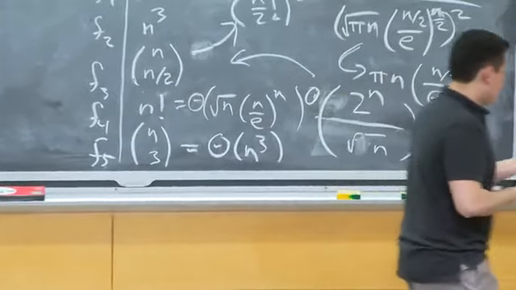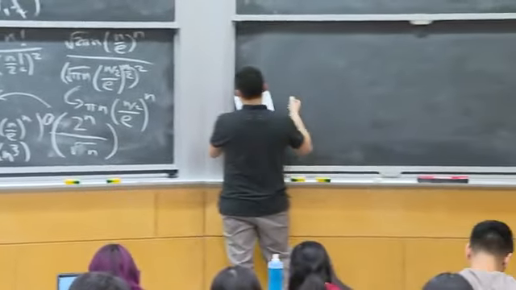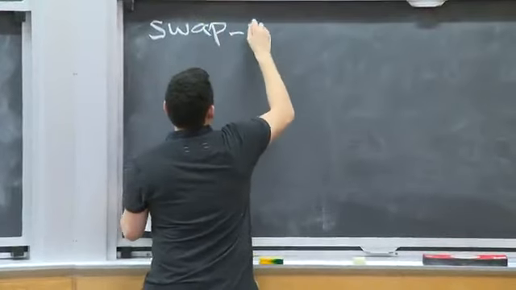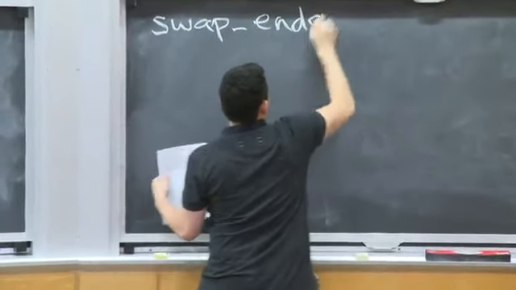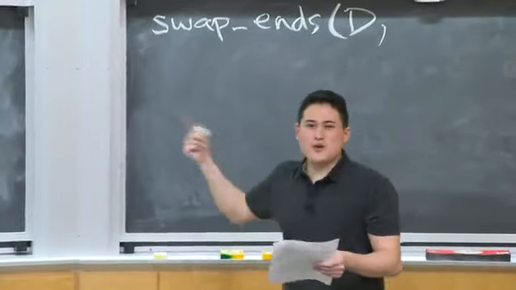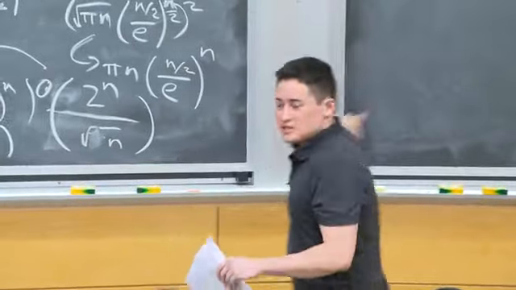Okay, so the first operation we're going to support, or try to support, is an operation called swap ends, okay? And what this is going to do is take the data structure that we gave. Another way you could do this is put this as a method on that data structure, but let's do this separately.